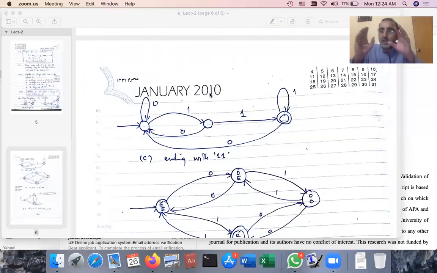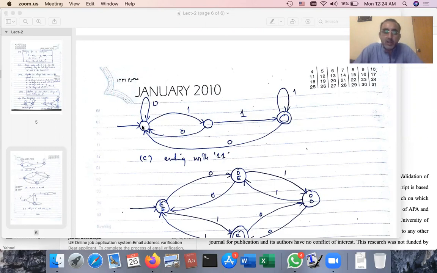So we can build a finite automata for all regular languages, because a finite automata is a machine for validating regular languages. So now, languages ending with 1 1.